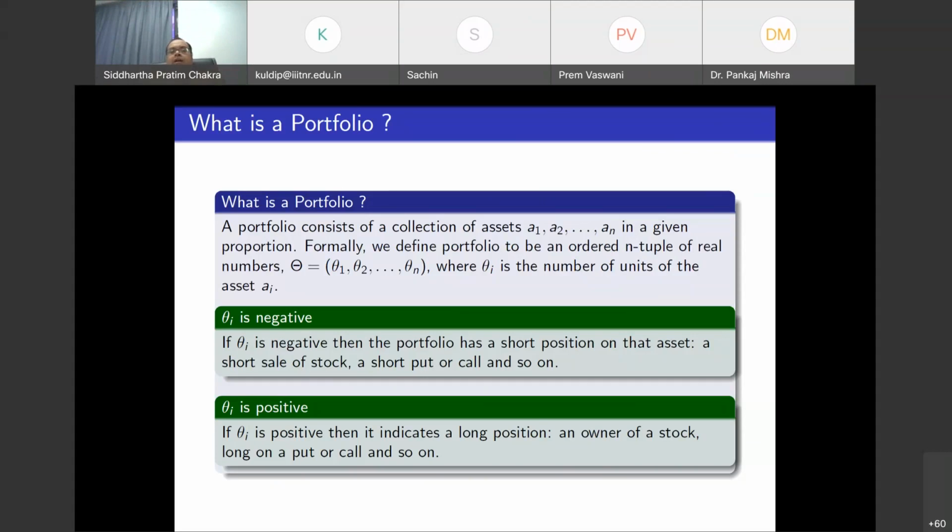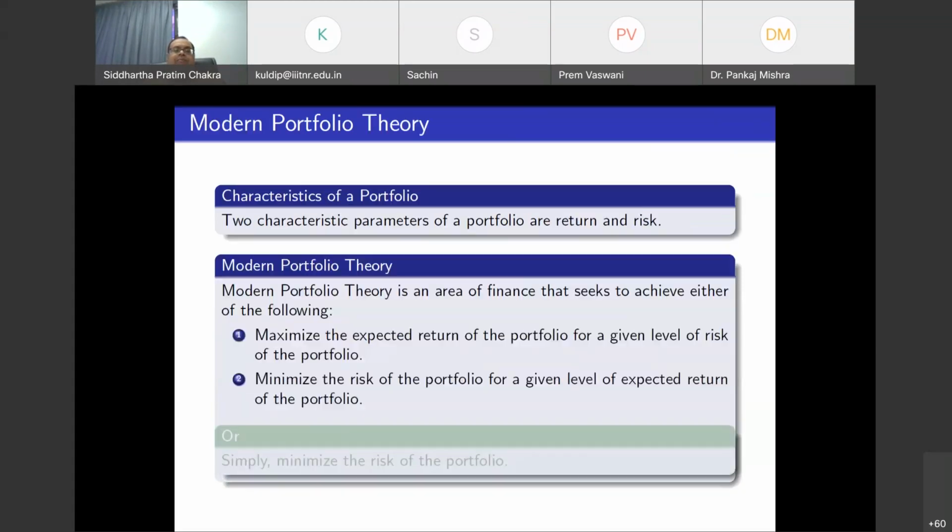This is very nice from a mathematical point of view. A portfolio is just a vector where the entries give us the exact number of assets that we have in our position, either a long or a short position, depending on whether the entry theta i is positive or negative, respectively.